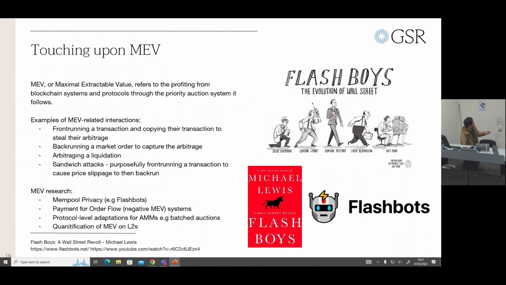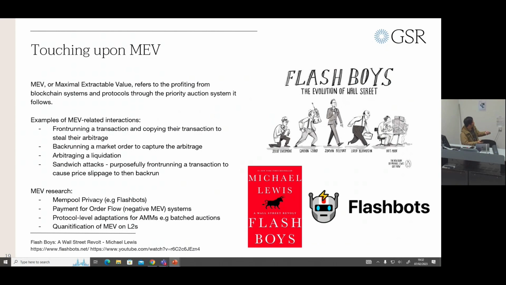And so all of these things can seem quite toxic in nature, but there's been some research into this concept of MEV and especially this priority order execution system, since it's quite new, especially to the finance world. I'm also looking at different ways of trying to reduce MEV, so reducing these opportunities to arbitrage different transactions.